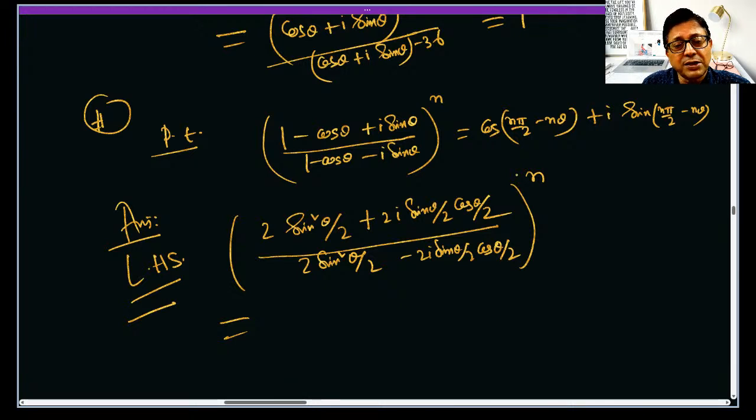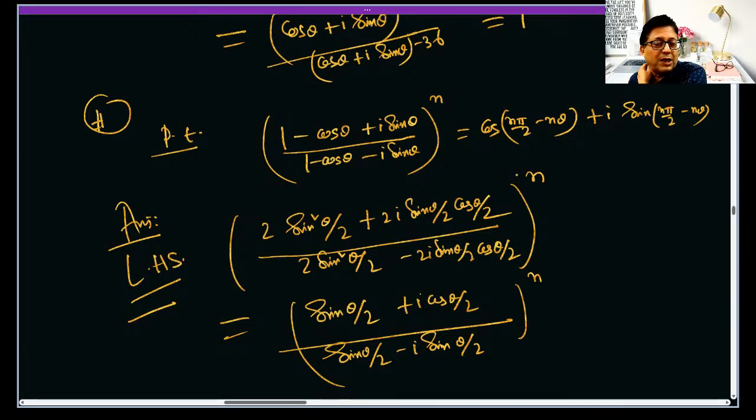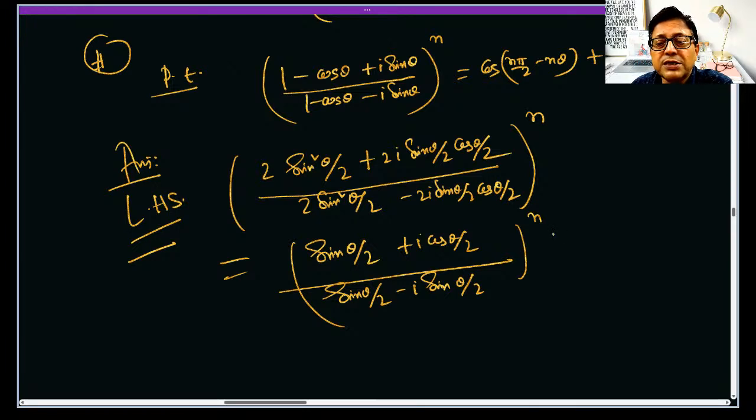So then you take 2 sine theta by 2 common, here also 2 sine theta by 2 common, what is remaining there? Clear? Understood? So we cannot use De Moivre's theorem here. Why? Because it is for cos plus sine, not for sine plus cos.